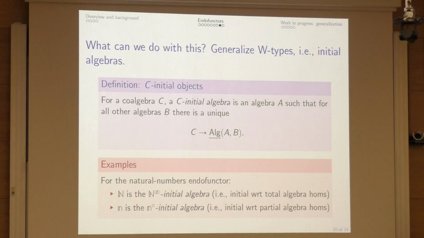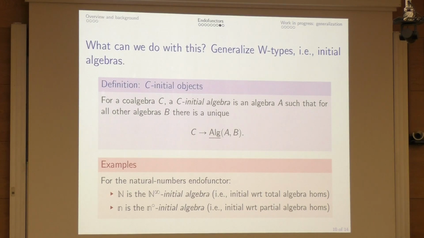And then we prove that N is the N infinity initial algebra, which we interpret as meaning that it's initial with respect to total algebra homomorphisms. And just like in the last slide, we did some calculation involving this, and we got this. Now we have a kind of backwards operation where we find that little n is the n-circle initial algebra. So we think of that as meaning that it's initial with respect to partial algebra homomorphisms.